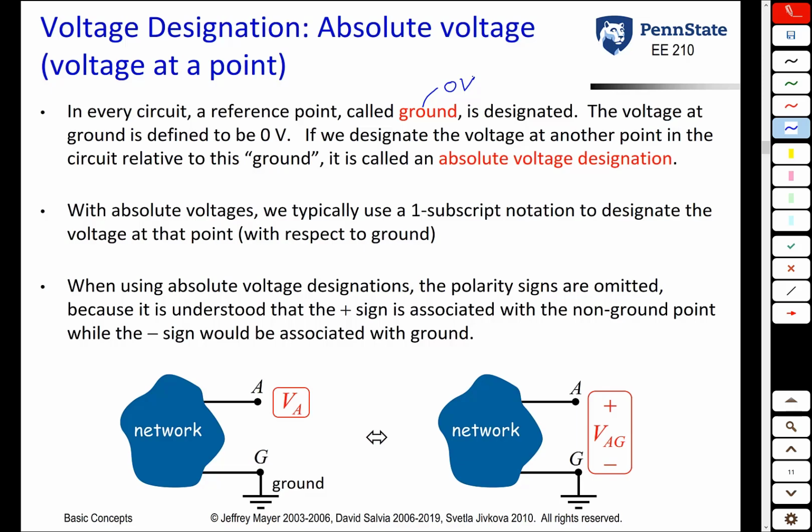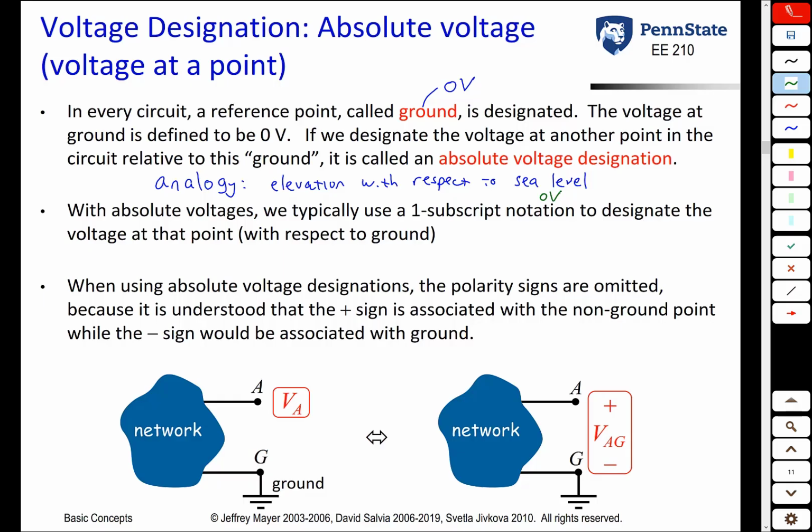And we call that an absolute voltage designation. A good analogy to absolute voltage would be the elevation with respect to sea level. So sea level, you can sort of think of as our 0 volt point. And so the elevation anywhere else in the world relative to that elevation of 0 gives you the elevation.